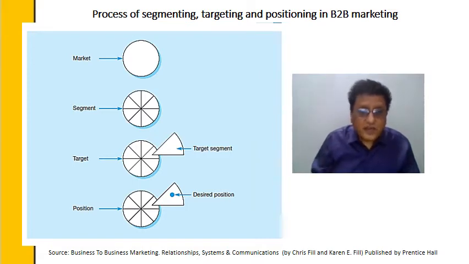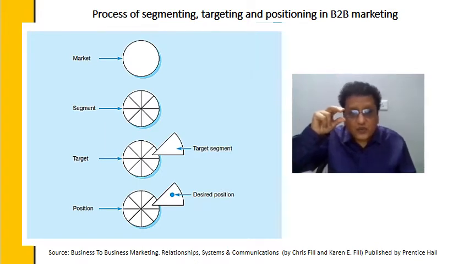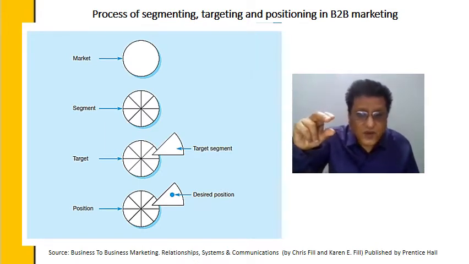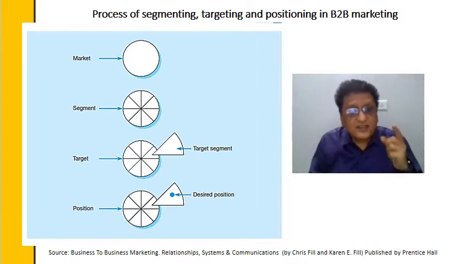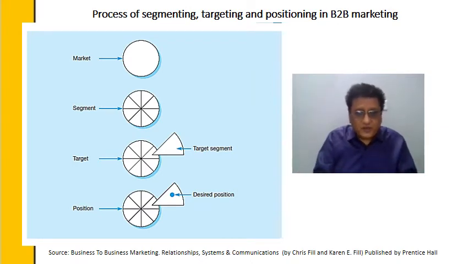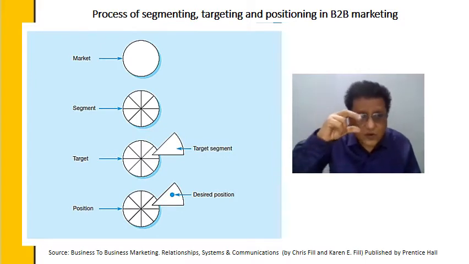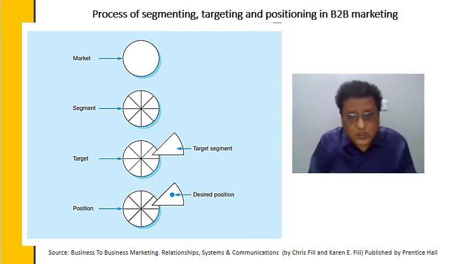So which is the segment I will sell to? If I choose to take out one pie from this circle and I choose to target this pie only, this pie then represents the target segment. This is targeting. I will explain this to you as we go along in this video lecture. So now you have taken out a slice or a pie from this circle, and this becomes your target market, as shown in the illustration.